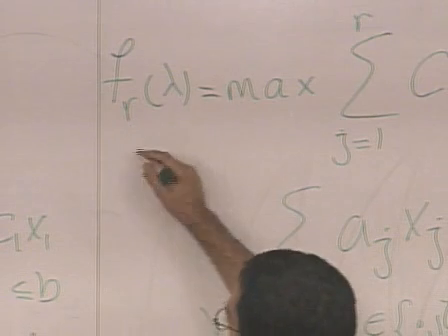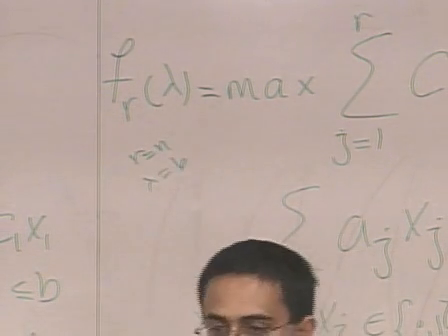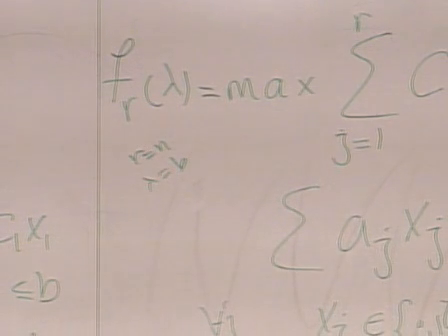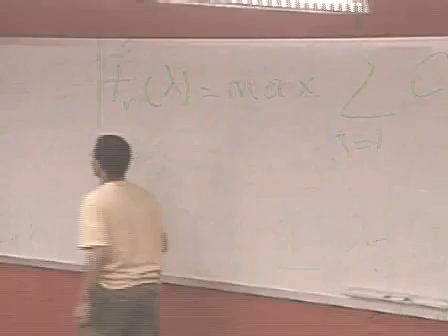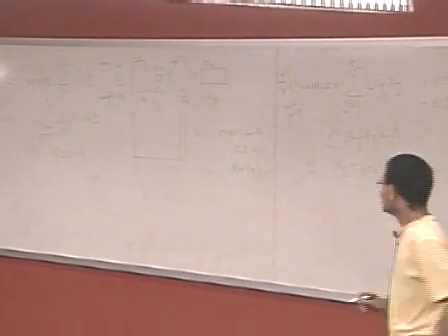When r equals n and lambda equals b, this would be our original problem. This is the whole story that we are going to go through. Now we have to do some real arguments to develop this machinery that we need to go from here to here. And after we develop that, we are done. You'll see that it's a very easy thing.